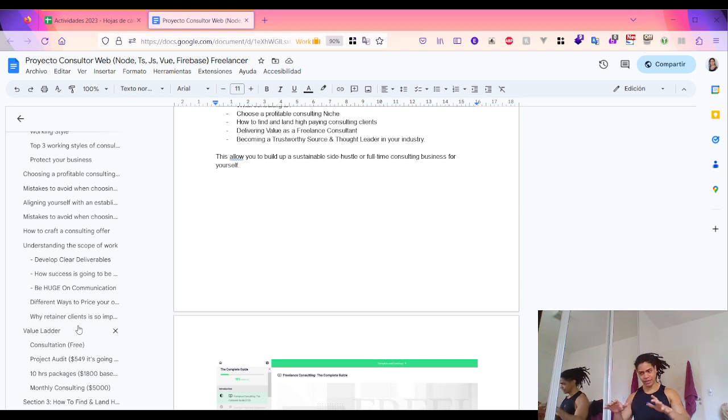Again, this is just a guideline that you might take, such as offering a free consultation at the beginning, and then the goal is to push the client up the value ladder by making a project audit, and then suggesting a 10-hour package. And ultimately the holy grail of all of this business is to have recurring clients that pay you for the value you are providing.